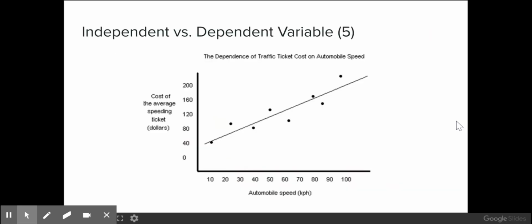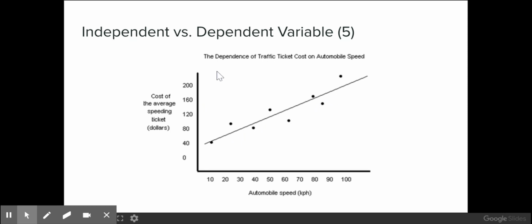So if you look at this graph, this is not an experiment that I would expect or encourage you to run yourself, but statistically speaking, if you were to test your average automobile speed, how far you are over the speed limit, versus the cost of the speeding ticket that you would incur, those two things are probably related.